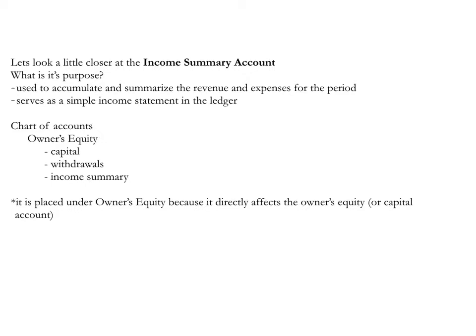If you look at the chart of accounts, you'll notice that the income summary account is located in the owner's equity, tied to capital and withdrawals. It's placed there because it directly affects the owner's equity. If there's a net loss, then the owner's capital account goes down. If there's a net income, then the owner's capital account goes up.